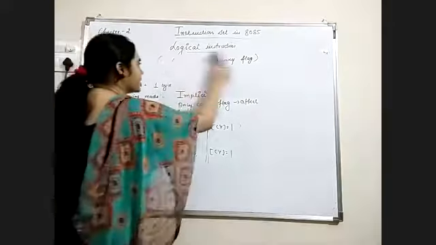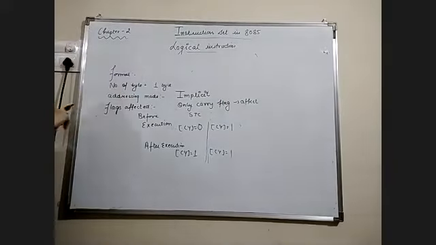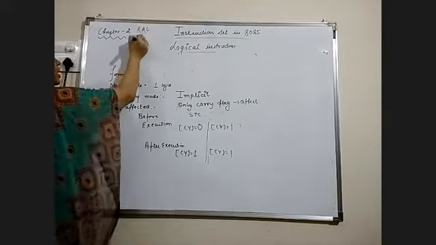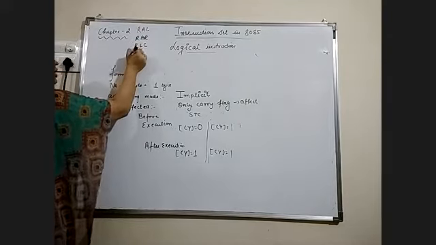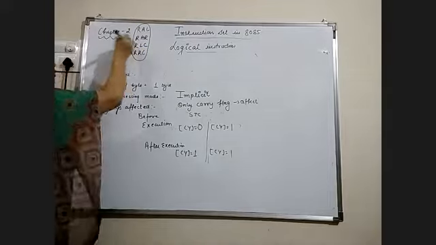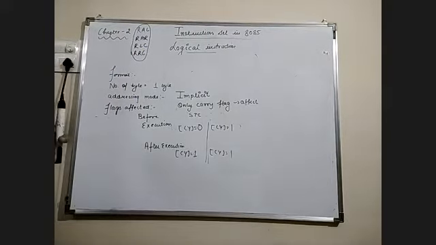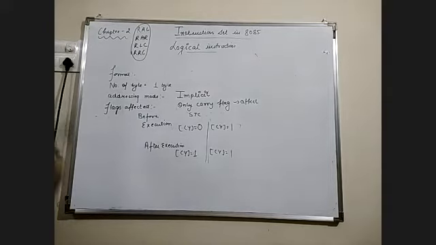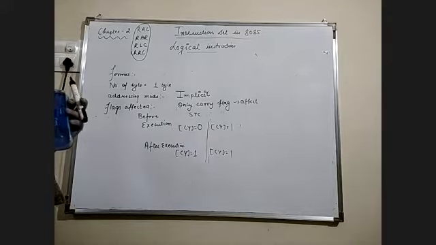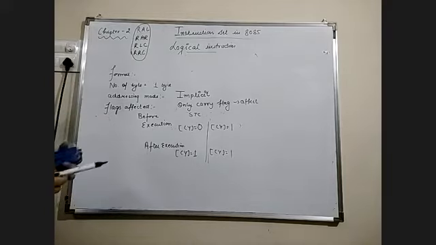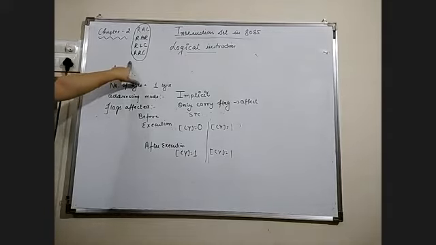We have 4 rotate instructions in 8085: RAL, RAR, RLC, and RRC.